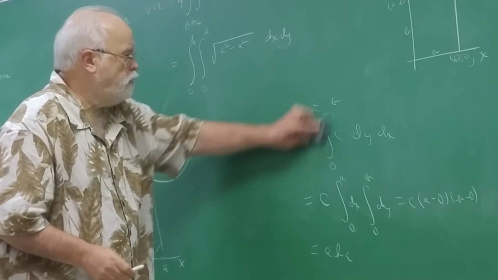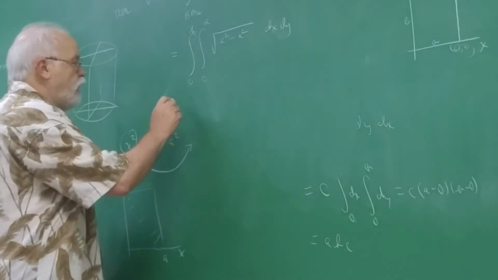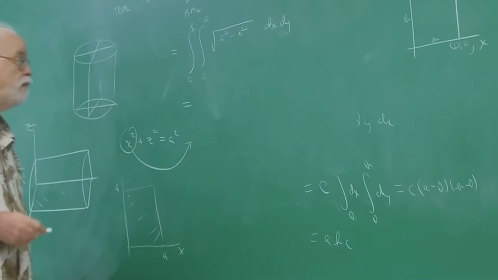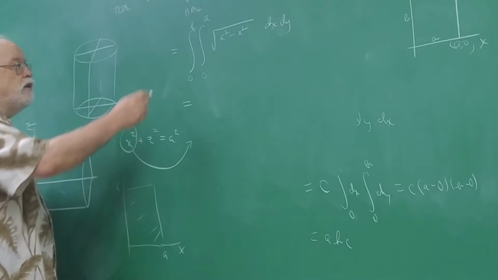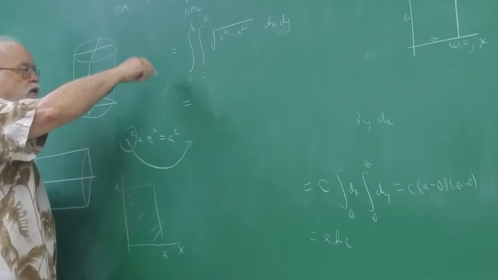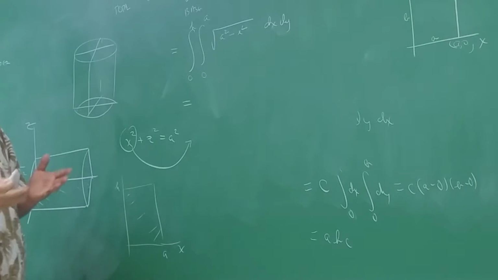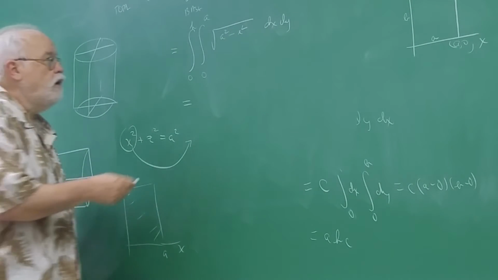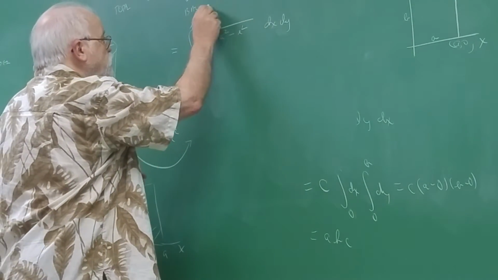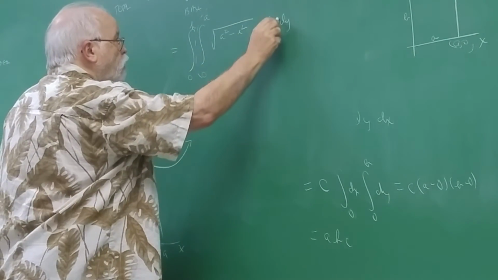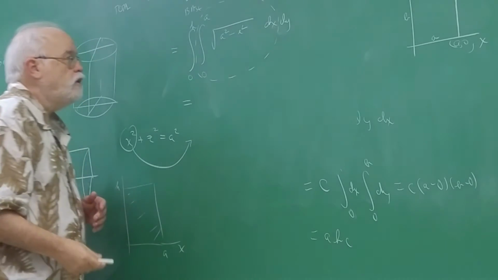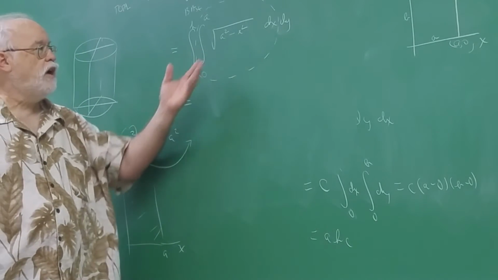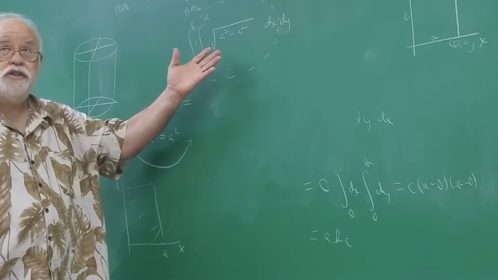Can I factor this integral? Whenever I've got all constant limits, then it's a candidate for factoring. So I can just say this right there. As far as y is concerned, that's just a constant. In fact, it is just a constant.